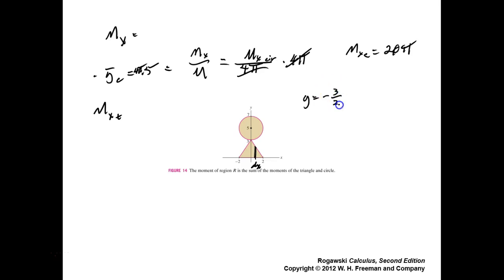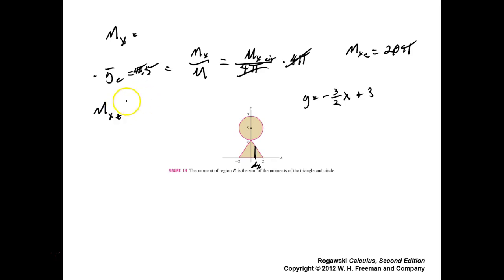Minus 3/2, right? It's going downhill. Down 3 for every 2 it goes over, rise over run, fall over run. That's the slope times x plus 3. The y-intercept is 3, right? All right, there is your y. So that's the height.